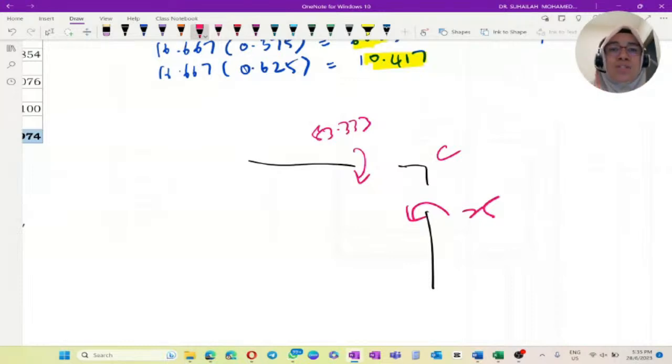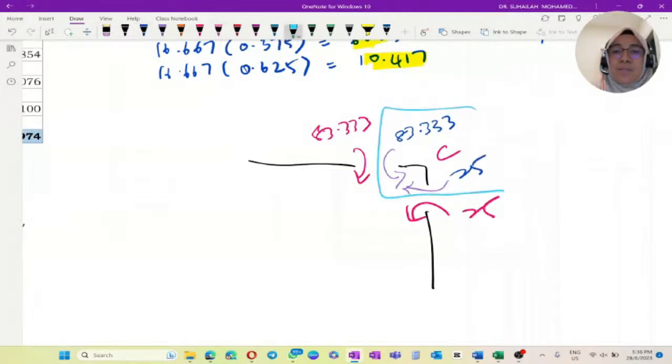So we have to calculate the joint moment, which is opposite: 83.333 and 25.